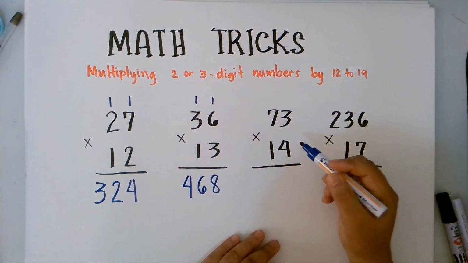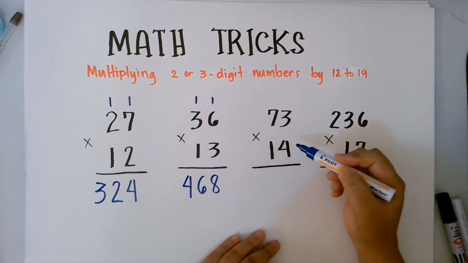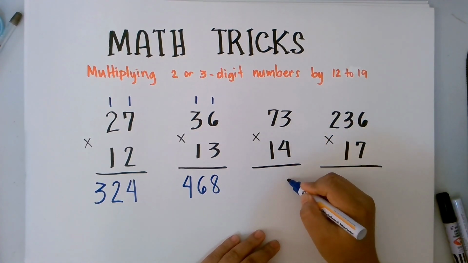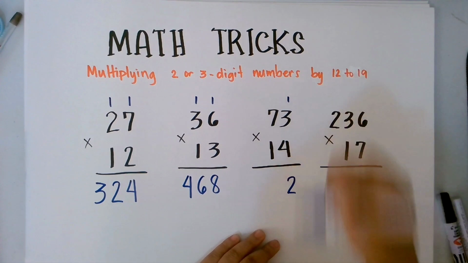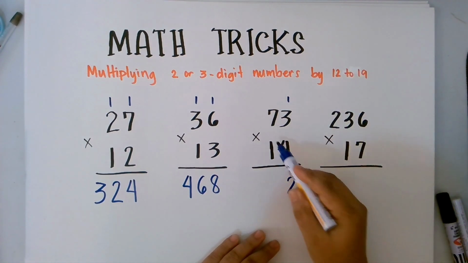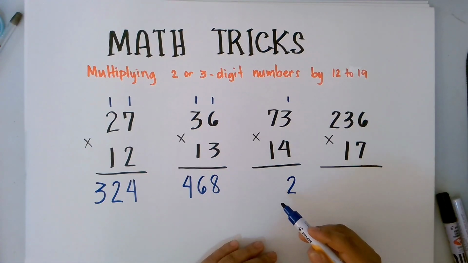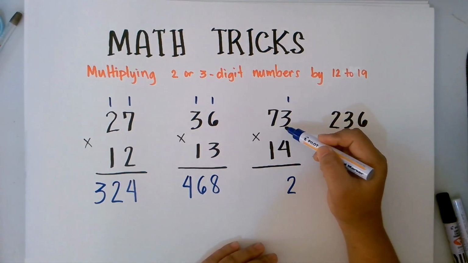So ito naman, 4 times 3, that is 12, right? So let's write 2 here and carry 1 sa tapat ng first digit. And then 4 times 7, it's 28, diba? 7 times 4 is 28. Then plus 3, 31.